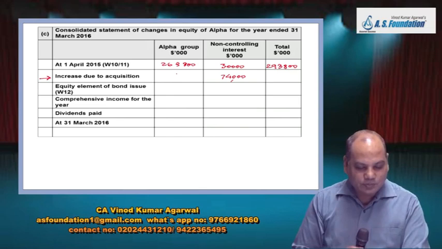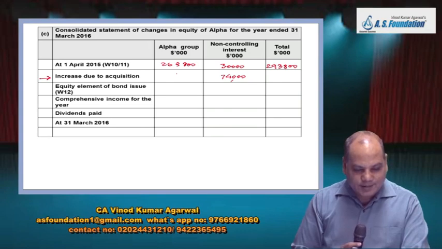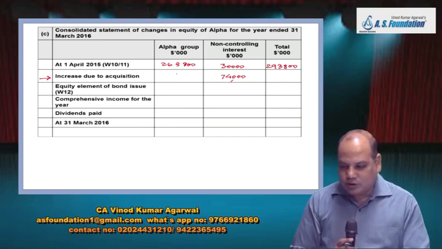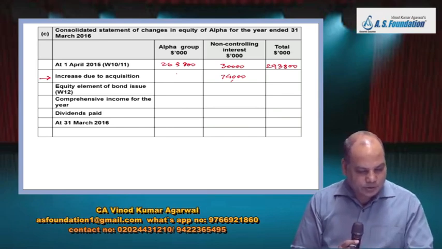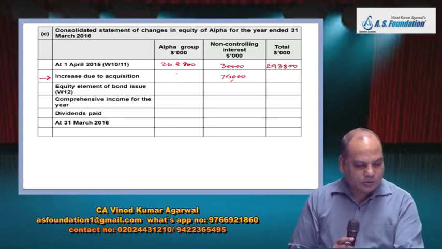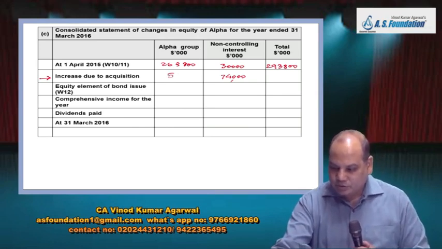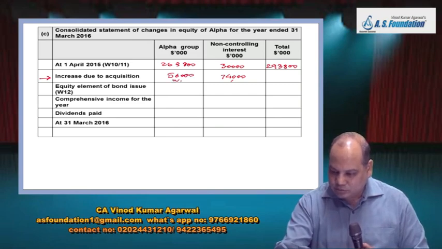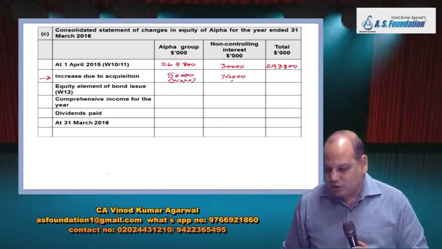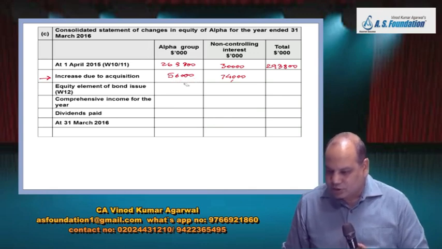Go to working note 1 again. If you issue shares, your equity will also increase. So how much is the figure for issue of shares? 56,000. You will find 56,000 in working note 1. That 56,000 is due to issue of shares, taken from the goodwill working.